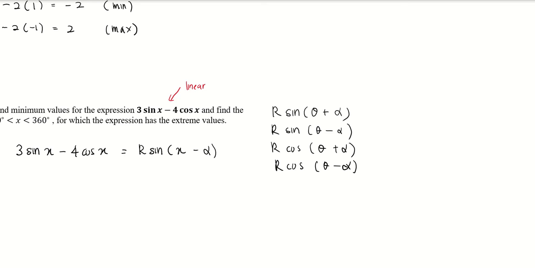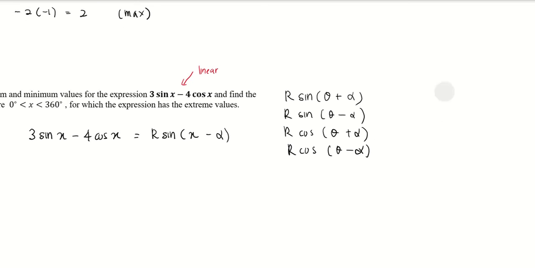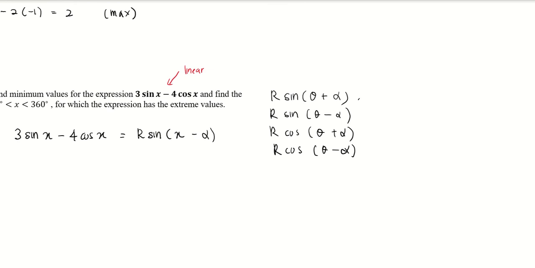So basically the question will give what expression we are going to use, but sometimes we need to choose by ourselves. So to choose, we can expand first. If we expand, this is r sin theta cos alpha plus r cos theta sin alpha.